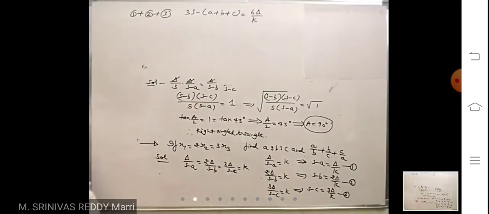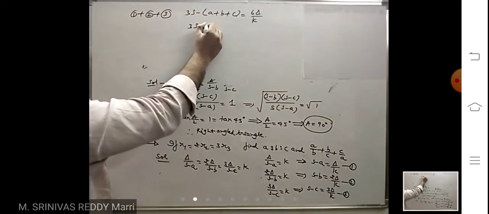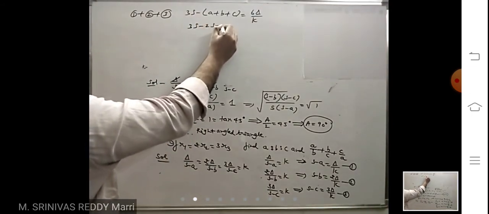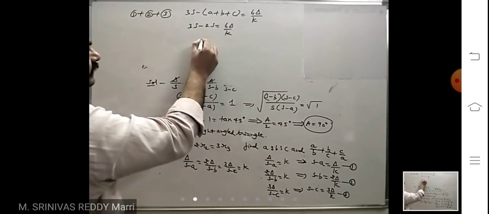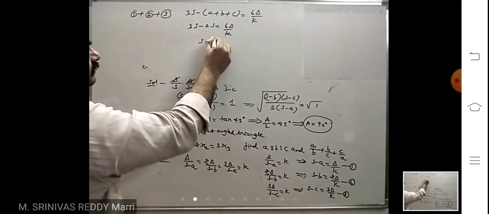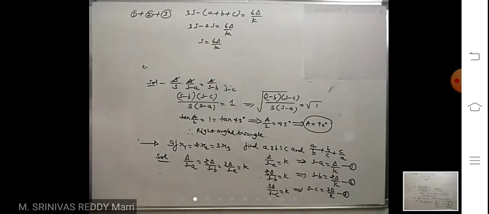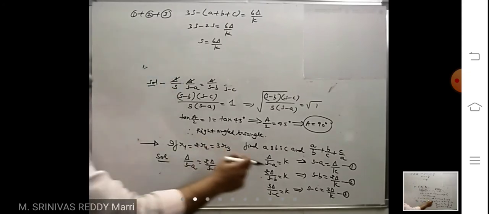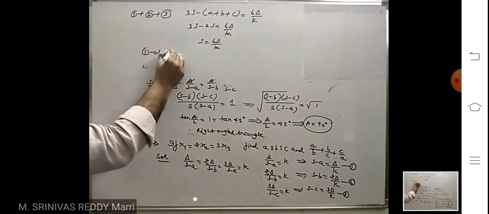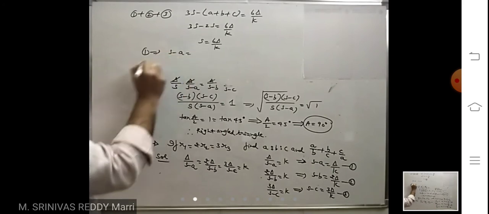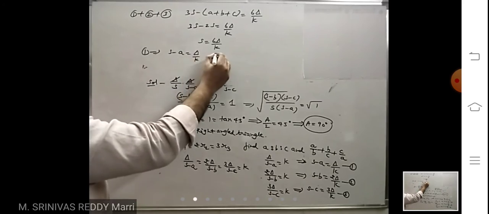Take the common LCM, 6 delta divided by k. This is nothing but 3s minus 2s. A plus b plus c is what? 2s divided by k. That means what you got? S equals 6 delta divided by k. I got the s value. Now I will take the first equation. s minus a is nothing but delta by k.